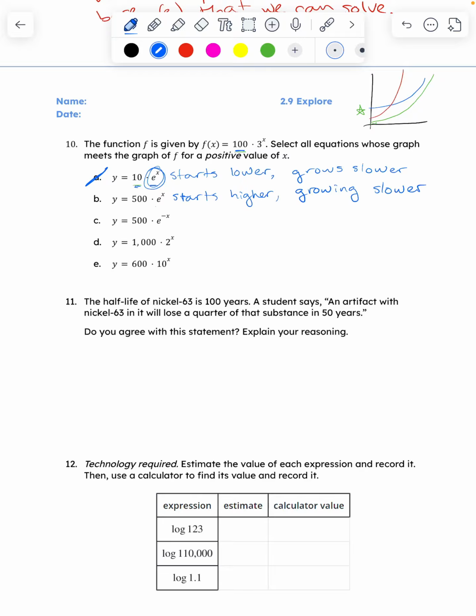So if I've got a function that starts higher but grows slower, that's like my blue function here, right? If red is, I'm just going to label red here, my f of x, then blue is an example of what b could be doing. Starts higher, grows slower. So I'm keeping it. I like it, but I like it in blue.